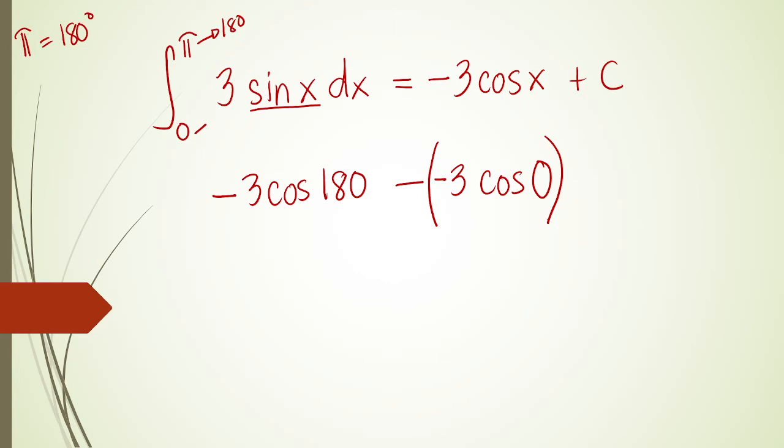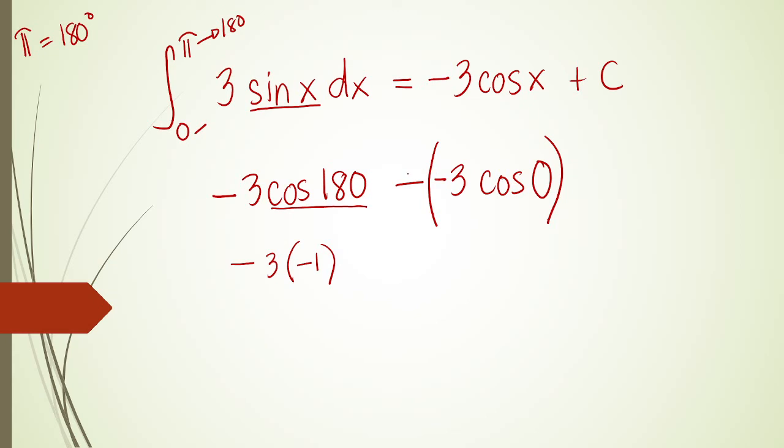Now let us use your calculator. What is cosine 180? -1. So meaning this is -3 times -1. Okay, what is cosine 0? 1.